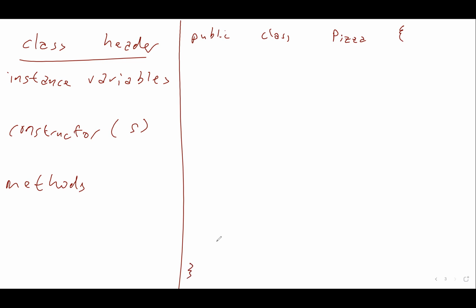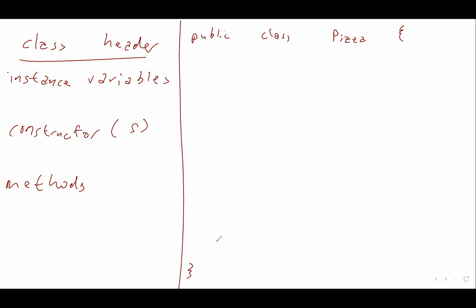So what are some instance variables we might need in this class? Toppings. What kind of variable should we do for toppings? Do we only want one string for toppings? What if I want multiple toppings? I guess it's just number of toppings. So we could do a number of toppings, but what if I want to have just a collection of all of the toppings on my pizza?